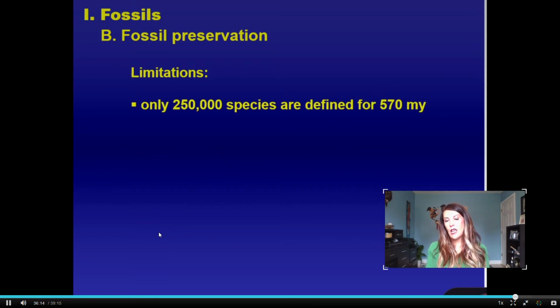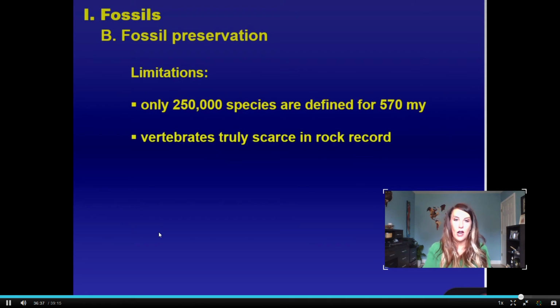Another limitation, again, has to do with the amount of species that actually make it into the fossil record. So to date, there's only about 250,000 species that have been defined for the past 570 million years. So a very small portion of what we anticipate living on the planet has been identified in the fossil record.